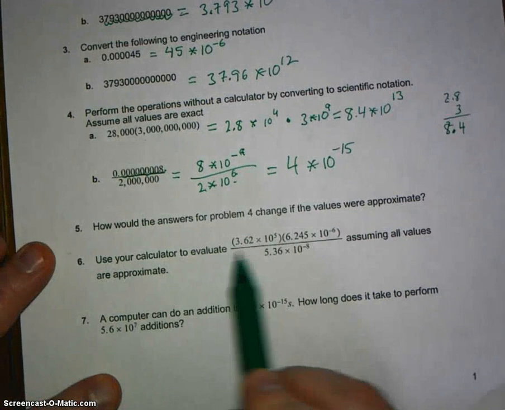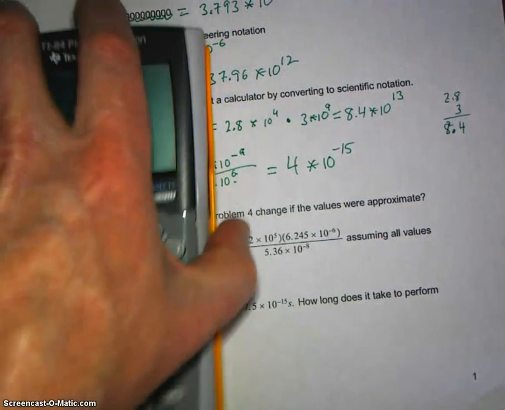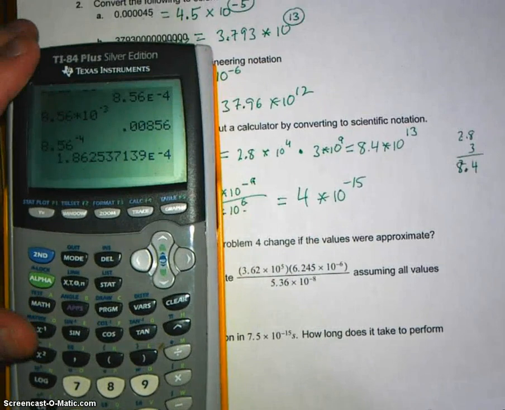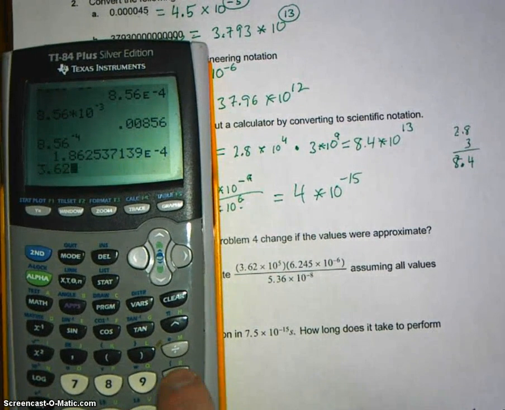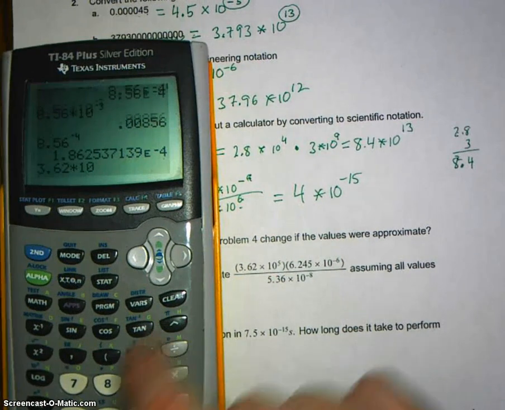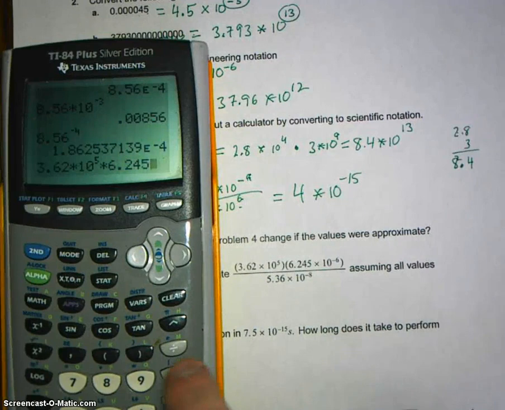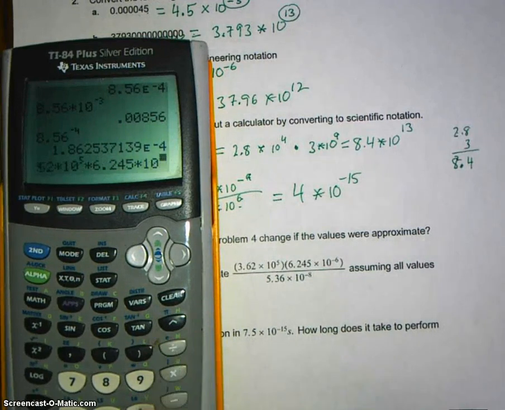All right, use your calculator to evaluate. All right, so calculator. 3.62 times 10 raised to the 5th times 6.245 times 10 raised to the negative 6.